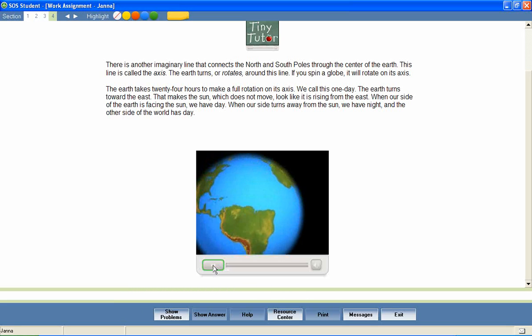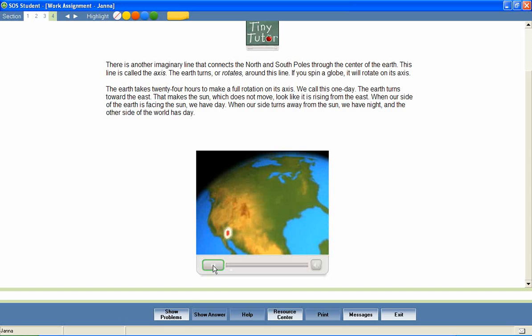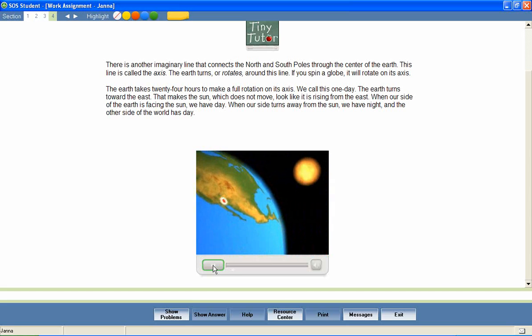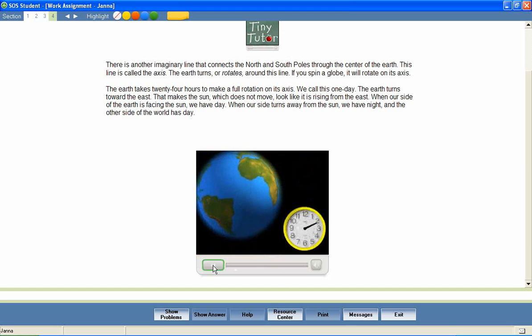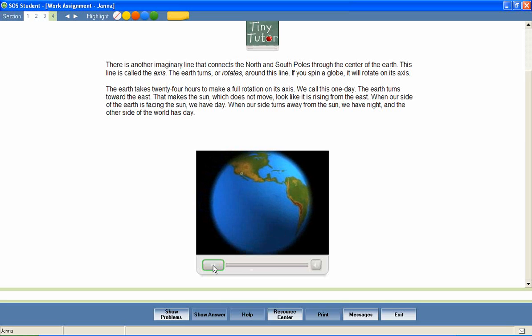This globe is a round map of the Earth. This spot shows where I am, and here's the sun. Every 24 hours, the Earth spins once on its axis. That's called making a rotation. It spins toward the east. That's why the sun appears to rise in the east every morning. Here I am at Alpha Omega headquarters. It's morning time, where the sun is shining brightly. Throughout the day, the Earth continues to spin on its axis, but the sun doesn't move, so I'm spinning farther and farther away from the sun.